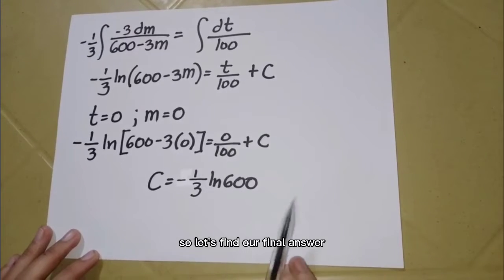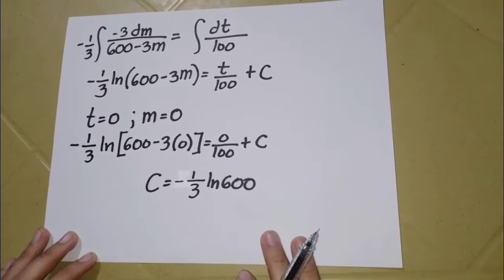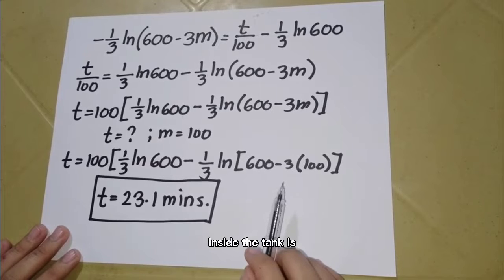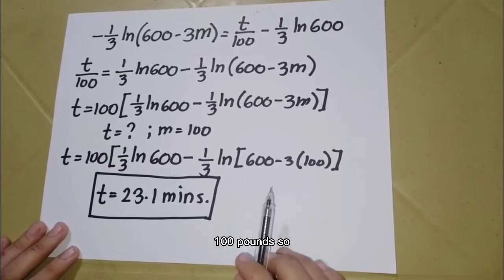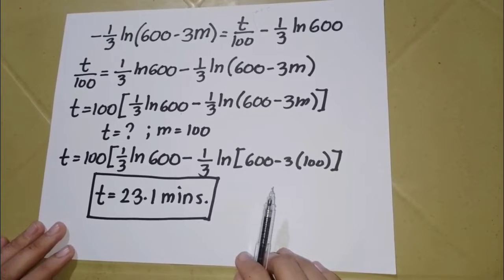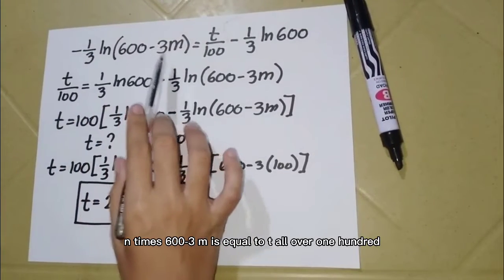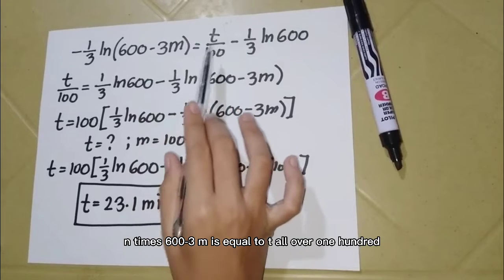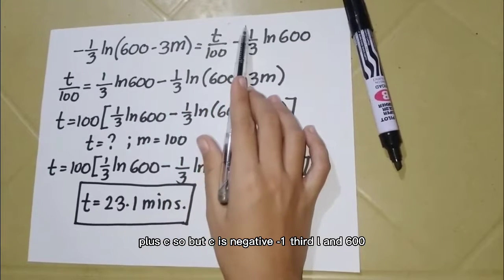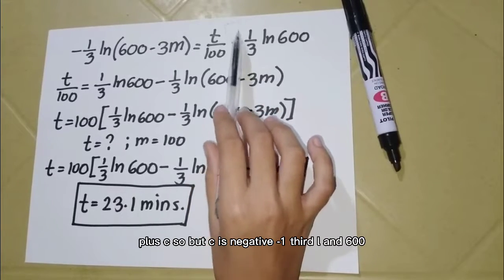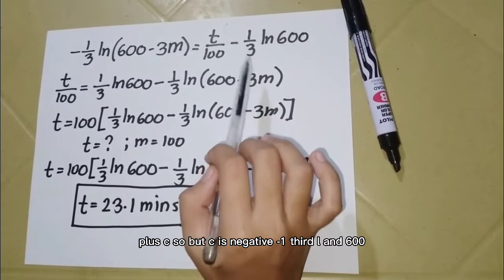So let's find our final answer. The question is, what is the time wherein the mass of salt inside the tank is 100 pounds? Negative 1/3 ln of 600 minus 3m equals t over 100 plus c. But c is negative 1/3 ln 600.